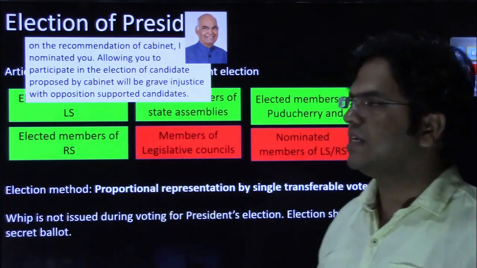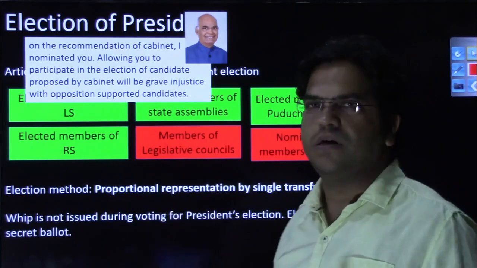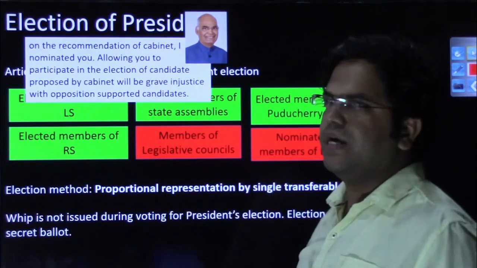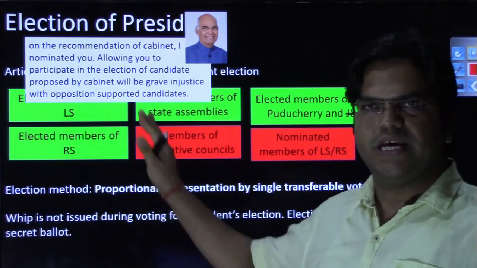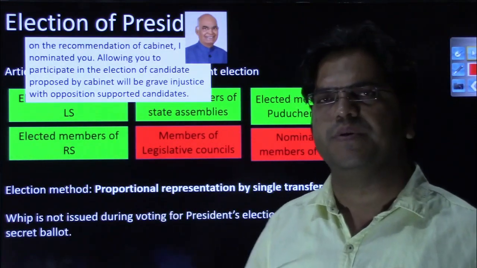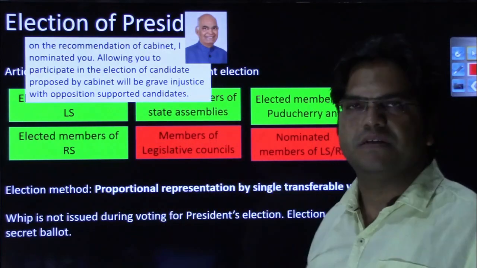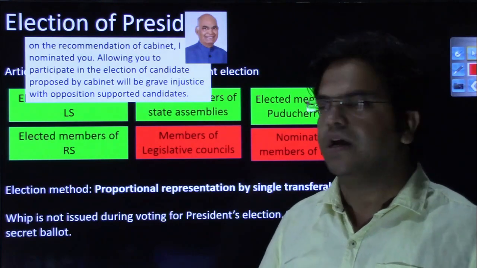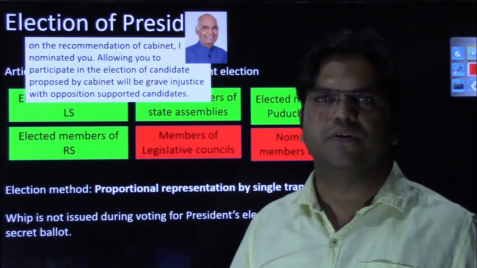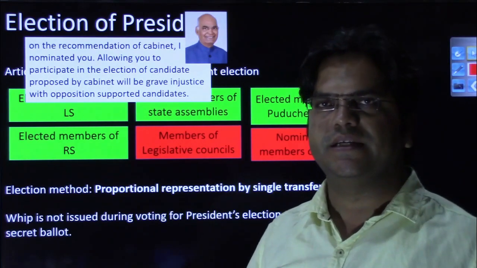So the point is that if the nominated member is allowed to participate, suppose whenever his term ends, he gets to decide to file for re-election. He has nominated these 12 people in Rajya Sabha, so ultimately they might favor this person. That will be discrimination against the other candidates. And even if he does not stand for re-election, there would be some other government-supported candidate.